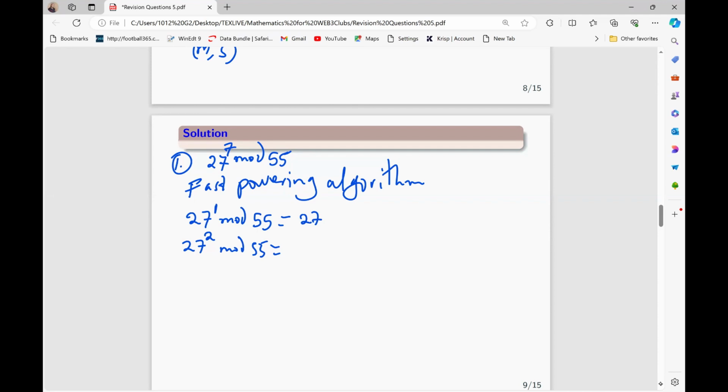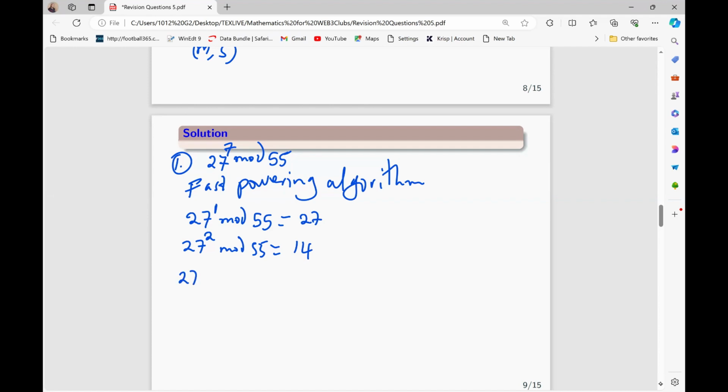It goes there 13 times. What's the remainder? When it goes there 13 times, the remainder is 14.